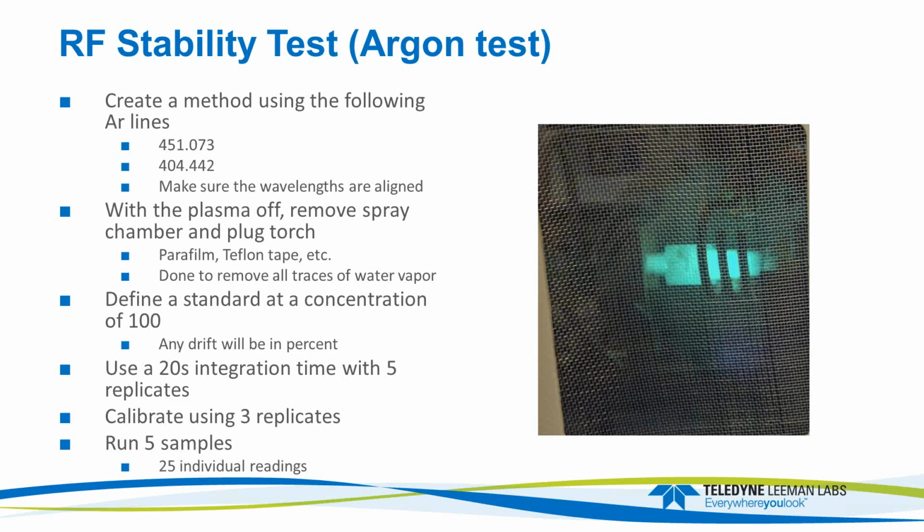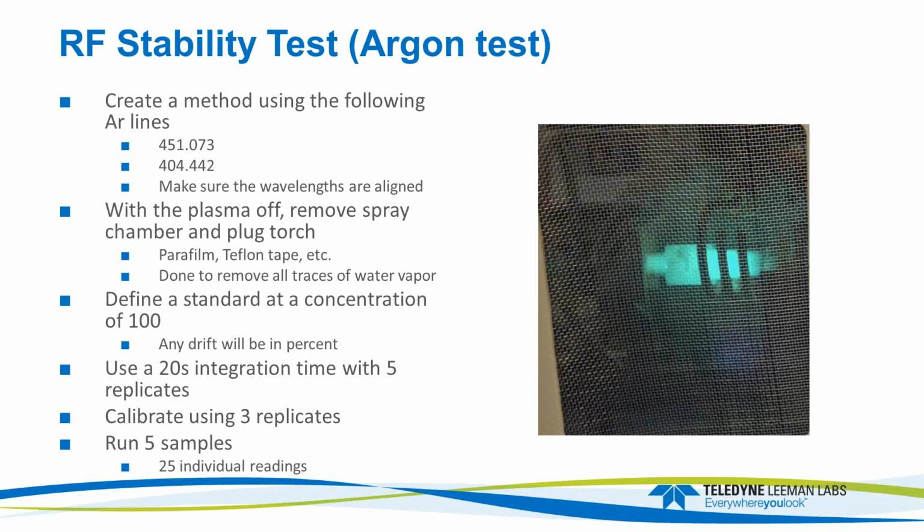If you have a wet spray chamber and you're trying to do an Argon test, it will most likely fail. So you want to have the spray chamber off the system, or if you don't do that, the spray chamber has to be perfectly dry, and that's one cause of failing Argon tests: the spray chamber is wet and you still have some water vapor in there. So take the spray chamber off, plug your torch, and then run the test.